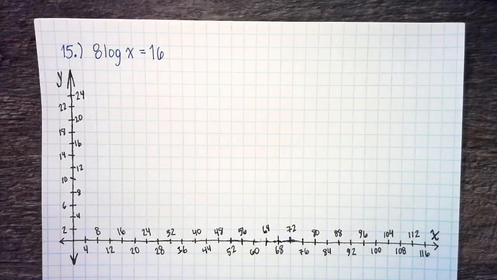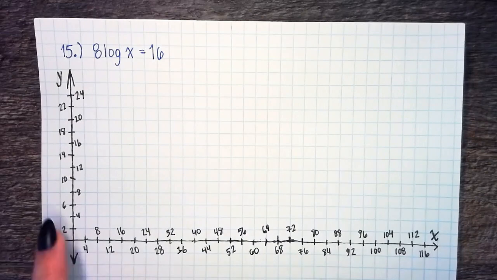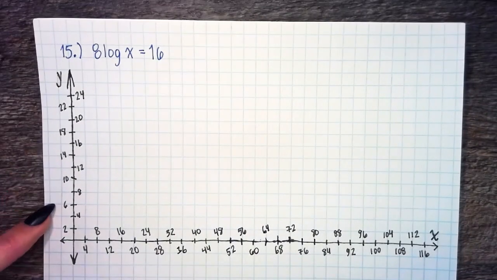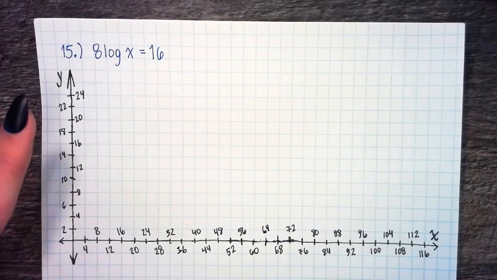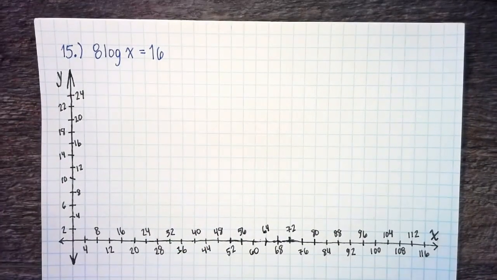All right, so I guess the panda decided that we needed to count by some different numbers on each axis. On the x-axis, looks like we're counting by 4, and on the y-axis, we're counting by 2. When we're graphing these two equations as a system, they're each their own equation.